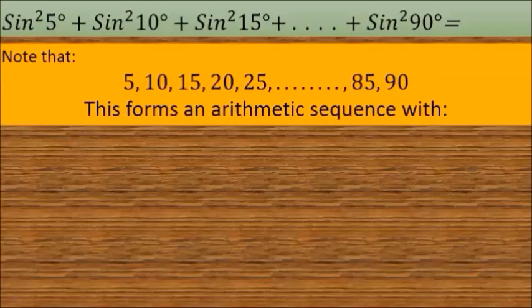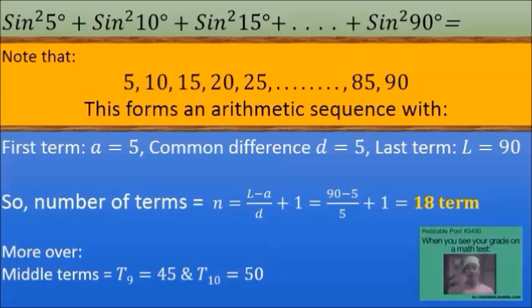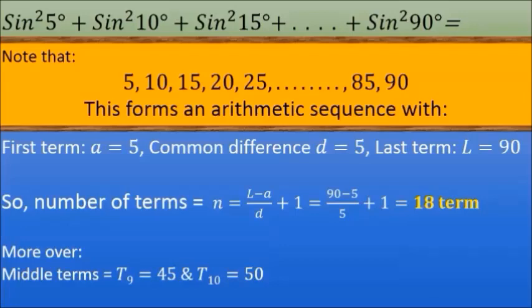First of all, notice that 5, 10, 15, 20, 25 and so on till 90 forms an arithmetic sequence with first term A equals 5, common difference D equals 5, and last term L equals 90.